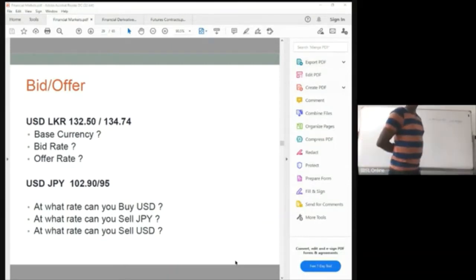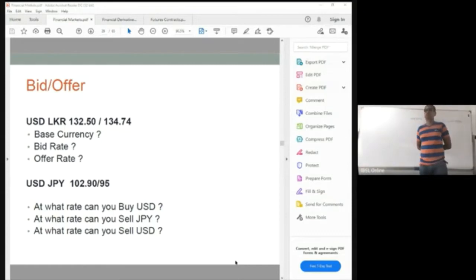Okay, so how do you tackle these kind of questions? You need to follow a few simple steps. First, you need to identify the base currency. Base currency you need to identify. Then you need to know what are you doing to the base currency. Are you buying the base currency or are you selling the base currency?